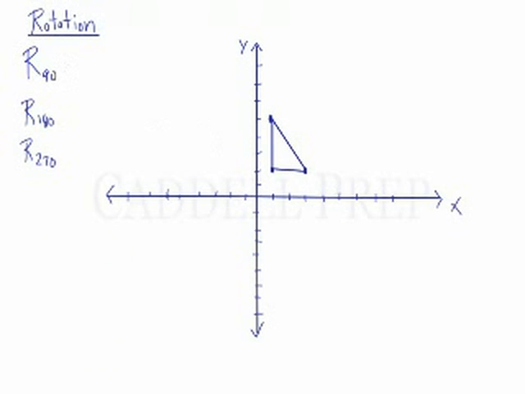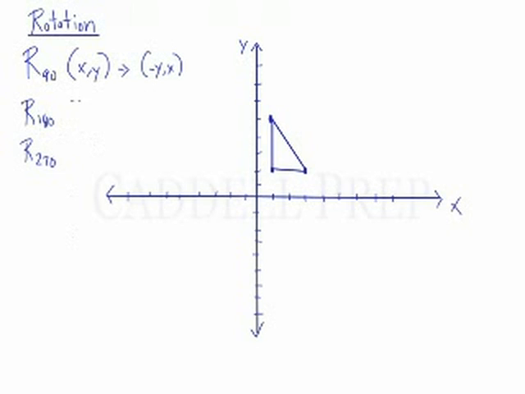Okay, now that we have an idea of what quadrant we're going to end up in, let's take a look at the specific rules that tell us exactly where each coordinate will go. So rotating 90 degrees would be the same as taking the original (x, y) and changing it to (negative y, x).